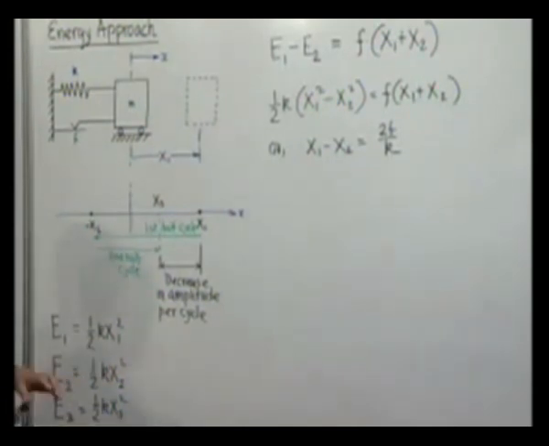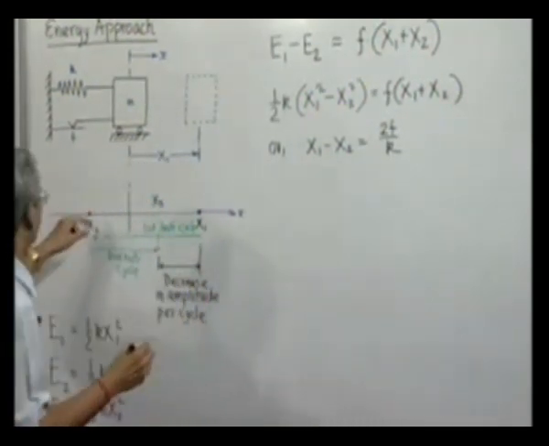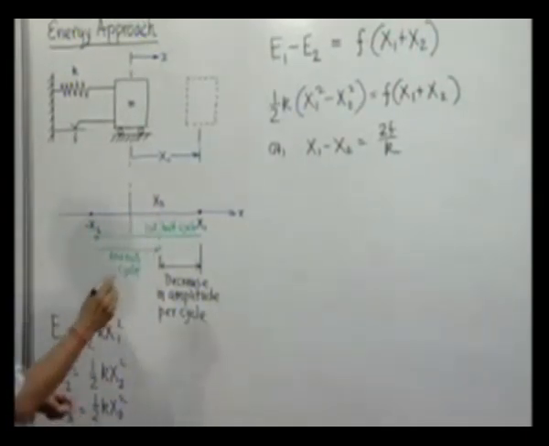Similarly, if we do this, so the next half cycle, the energy decreases from E2 to E3.